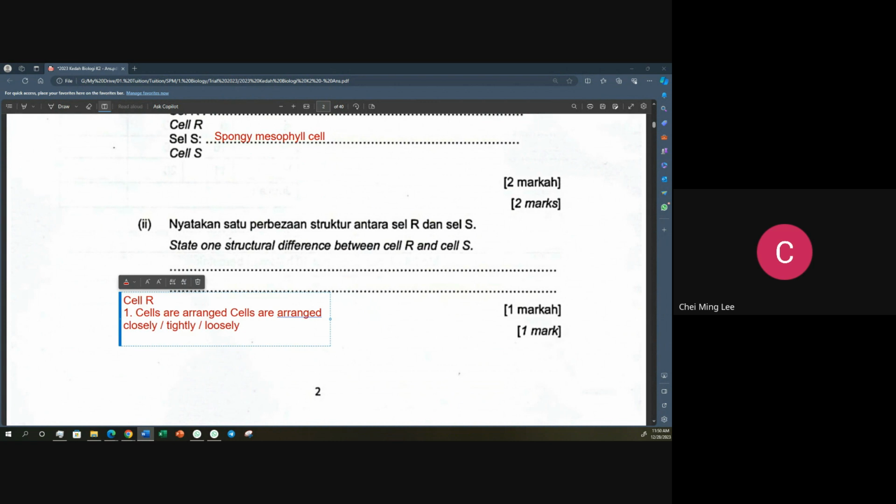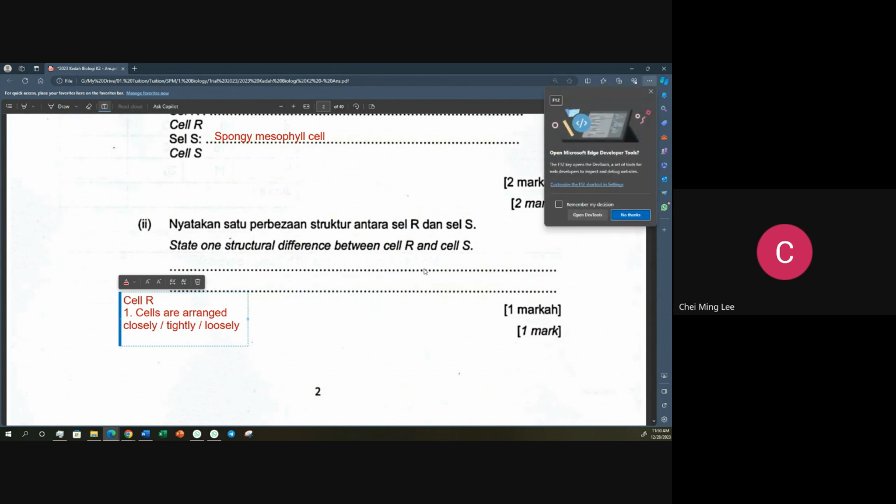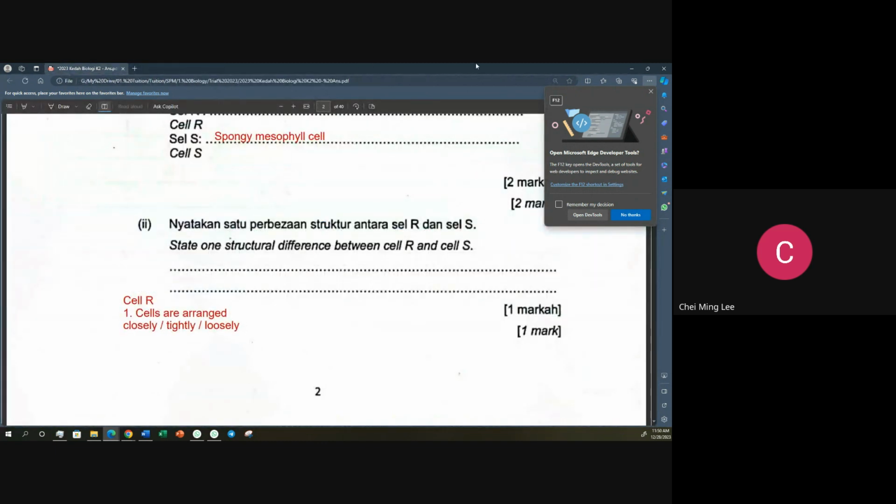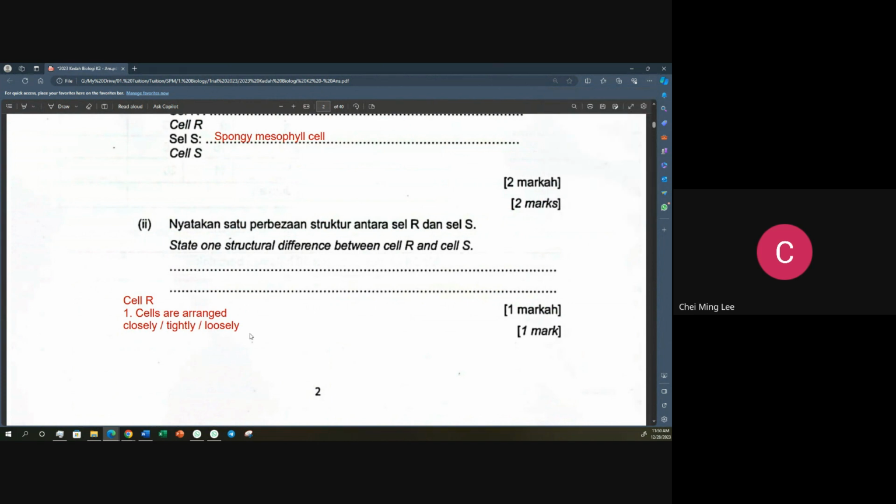I will write them one by one. The cells are arranged closely, tightly, and vertically.